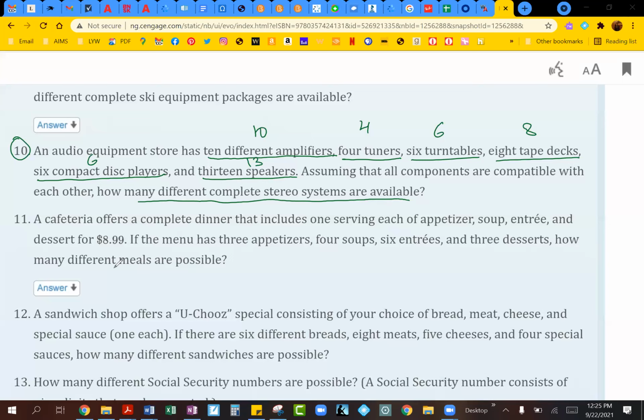Yeah, so just like we did with the other examples, you just multiply all the different components we have over here, and that ends up giving you 10 times 4 times 6 times 8 times 6 again, and then times 13. And then you guys had 149,760. And that's a lot of possibilities of coming up with different stereo systems.